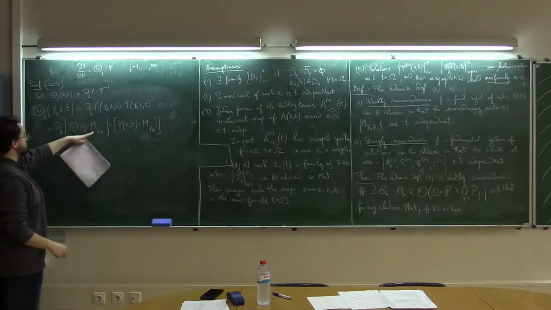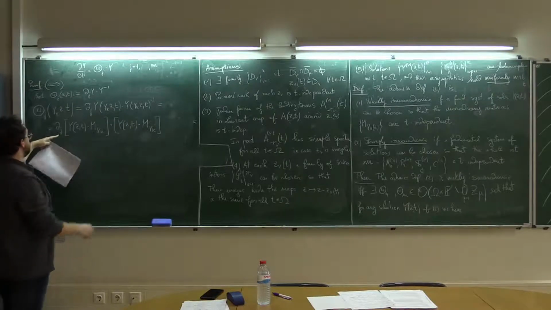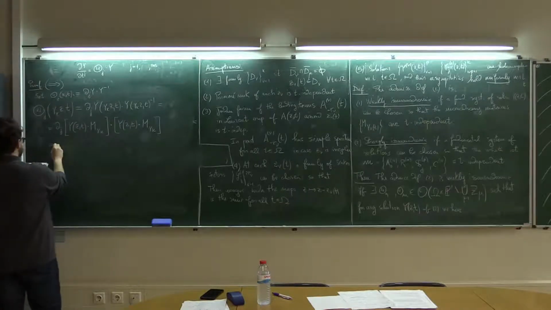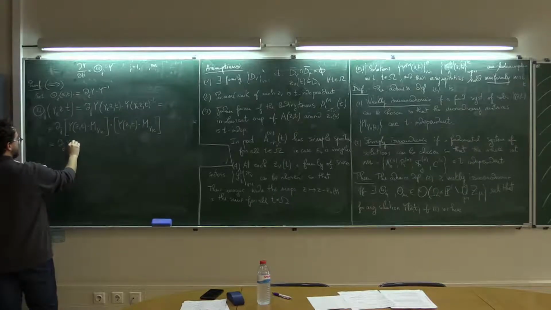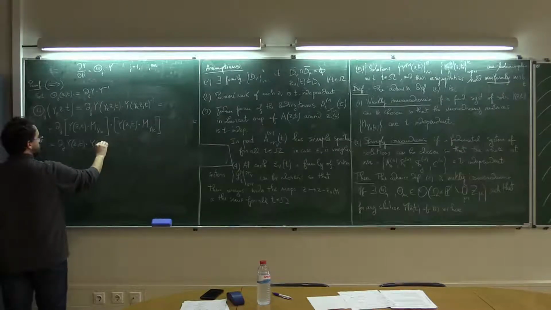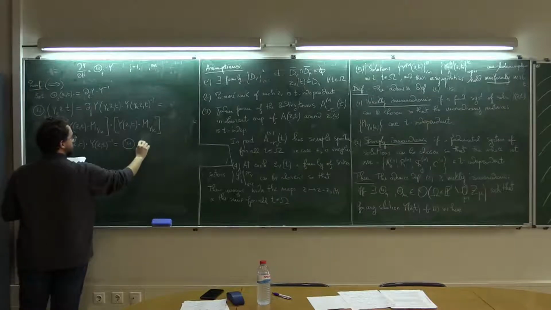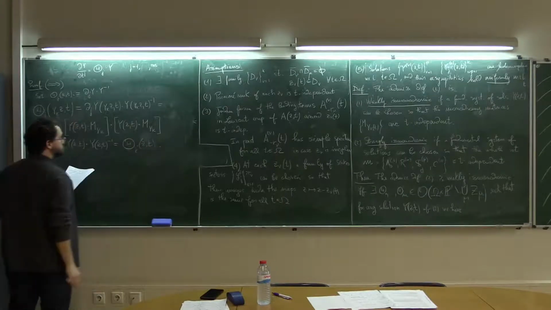But if we assume that these are not dependent on the deformation parameters, we see that this object simplifies to d_j y(z,t) times y(z,t) inverse, which is exactly theta j (z,t).